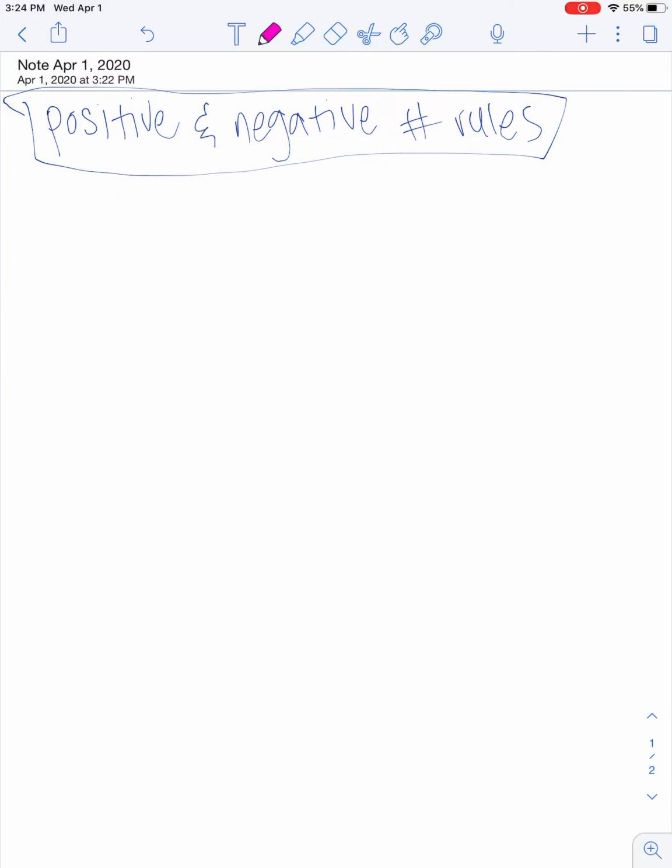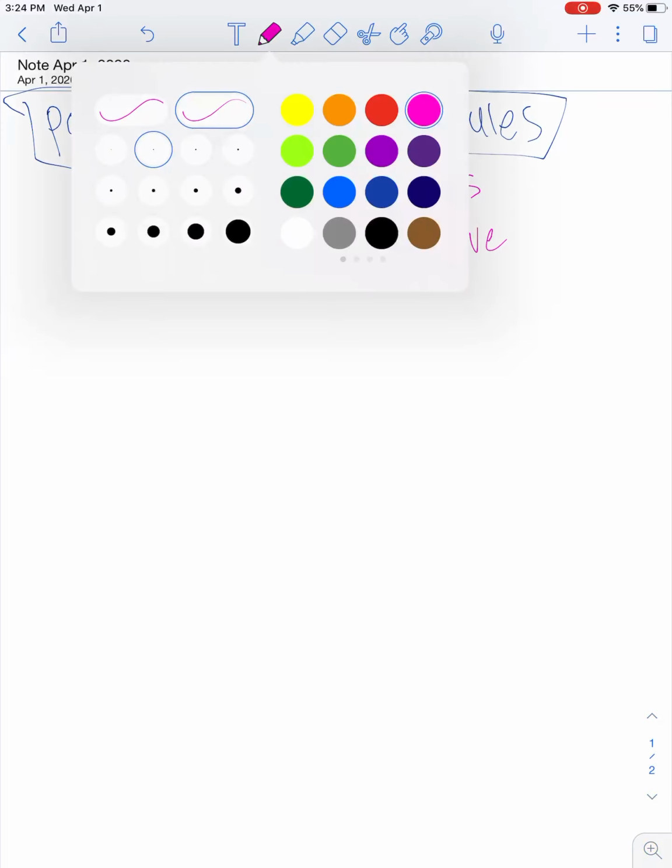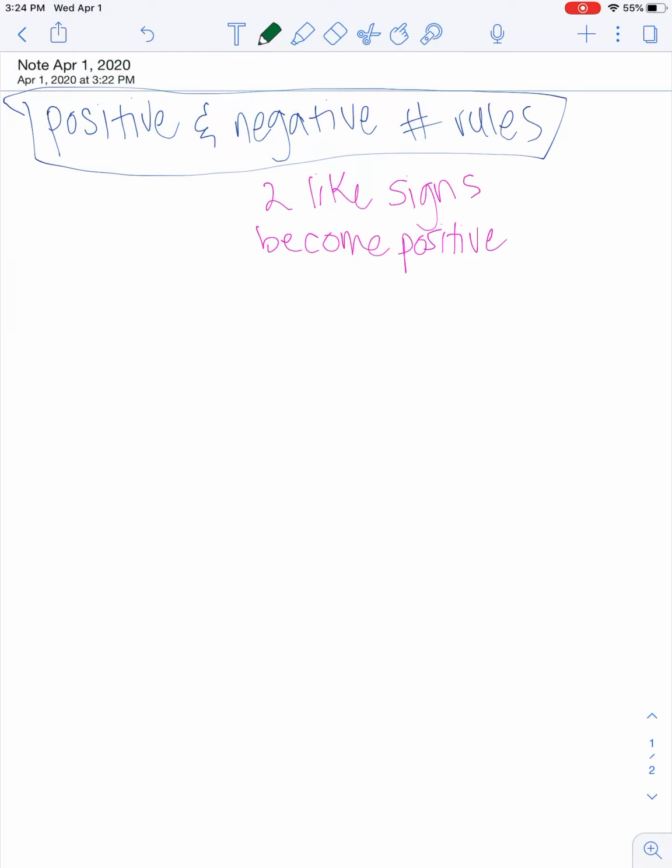So two like signs become positive. That could be a positive and a positive equal a positive, or a negative and a negative equal a positive, because they cancel each other out, if that kind of makes sense.